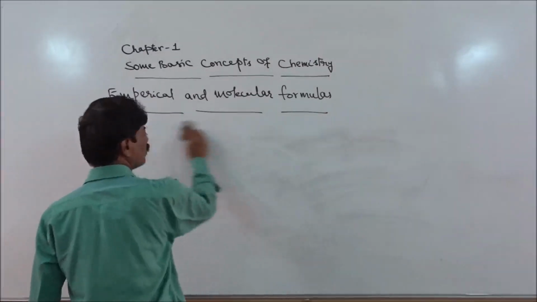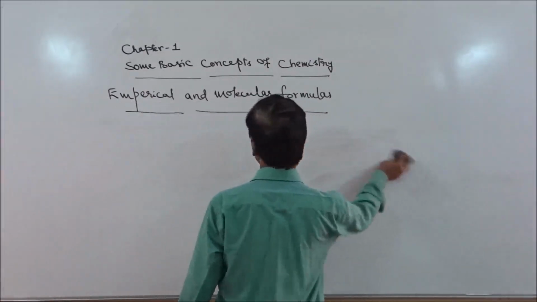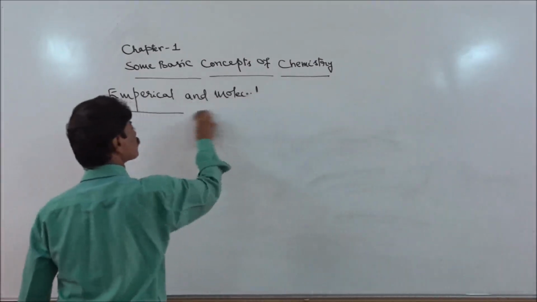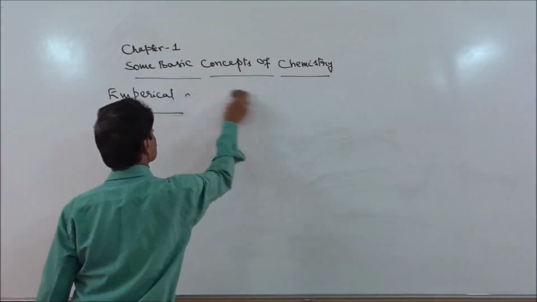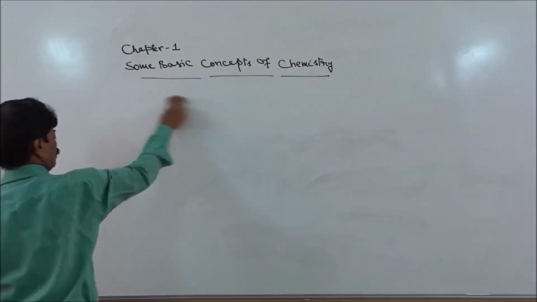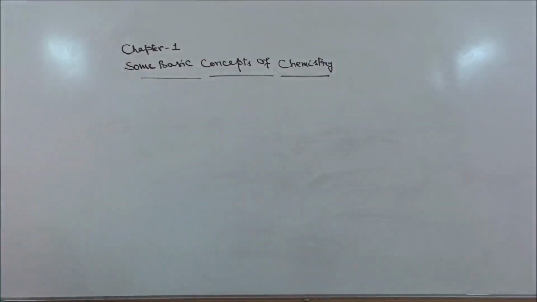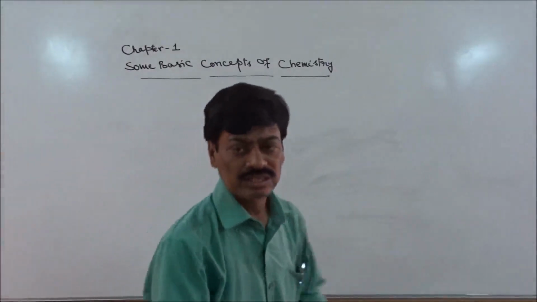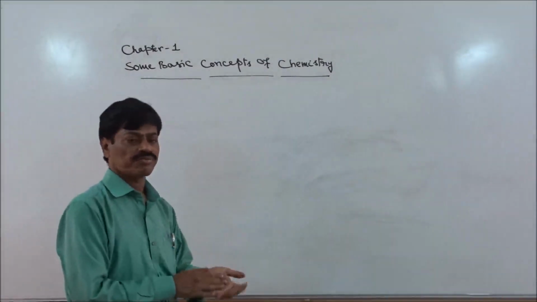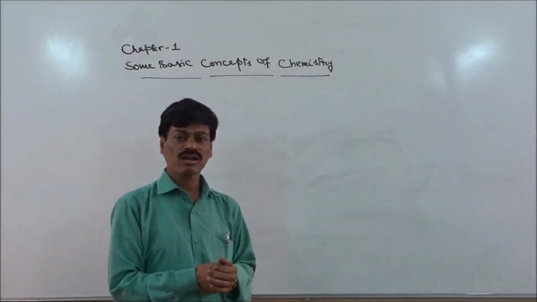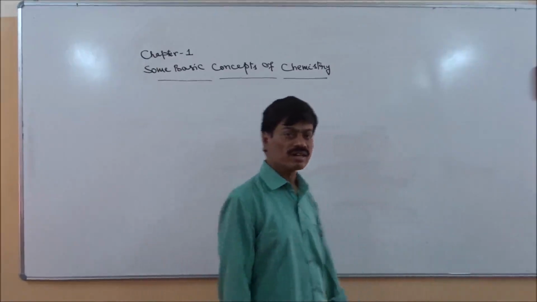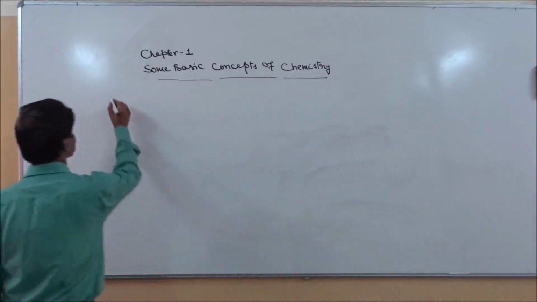The name of the compound is not known to us, but the percentages of the elements are given. From that we have to get the empirical formula and molecular formula. Excellent. Now we will see one sample numerical.